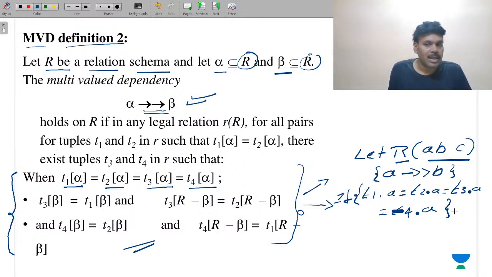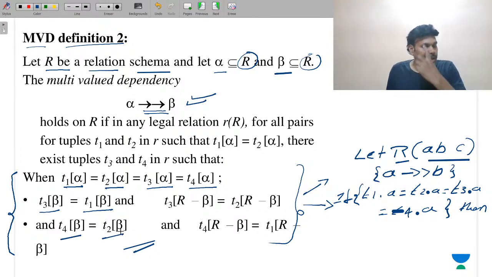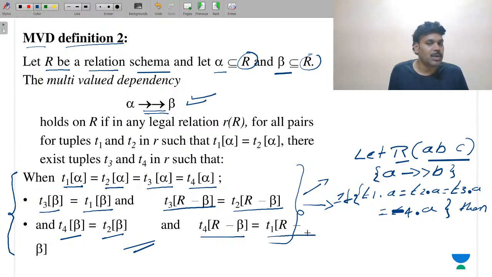If so, then you need to check two other conditions. Tuple 3 of beta is equal to tuple 1 of beta. Tuple 4 of beta is equal to tuple 2 dot beta. If this condition is satisfied, then you have to look at the other condition. Tuple 3 of R minus beta is equal to tuple 2 dot R minus beta, and tuple 4 dot R minus beta is equal to tuple 1 dot R minus beta.